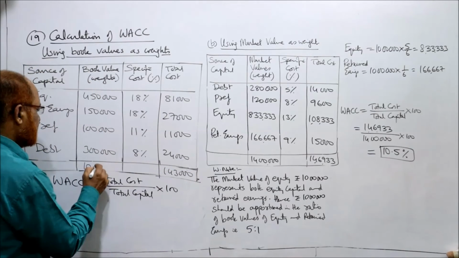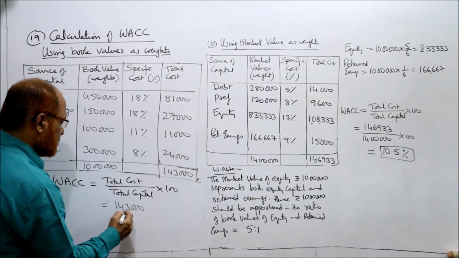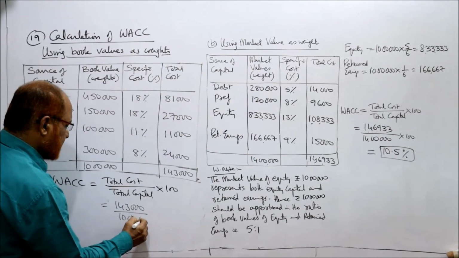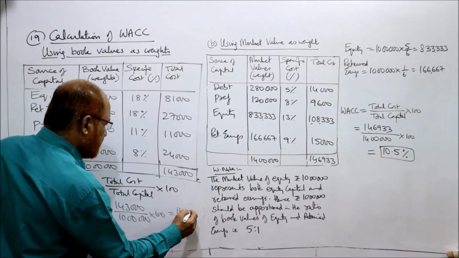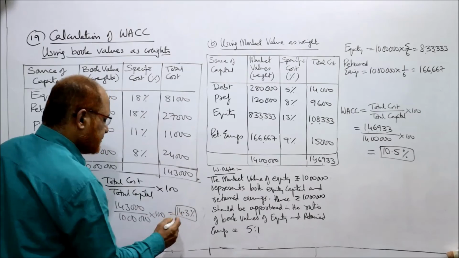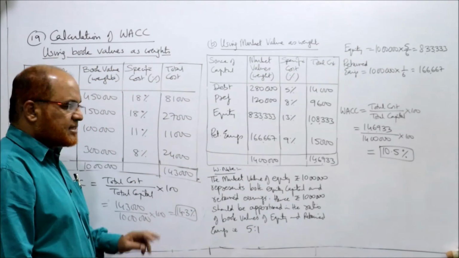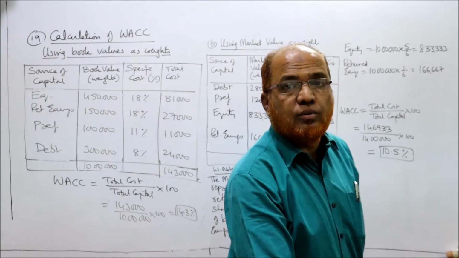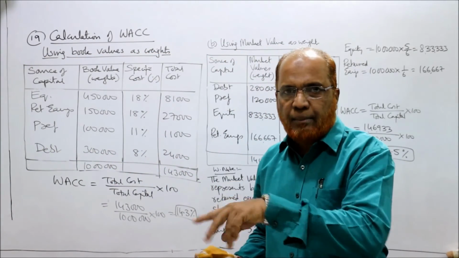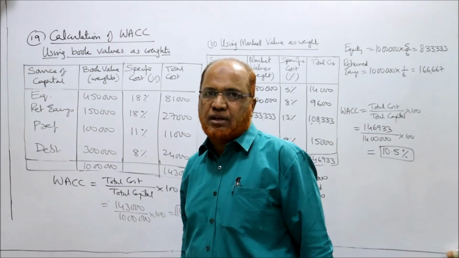Here the total capital is 10 lakh. So 1,43,000 divided by 10 lakhs is 14.3%. This is the WACC according to amounts. Now I took amounts; we will also take proportions, and you must get 14.3.